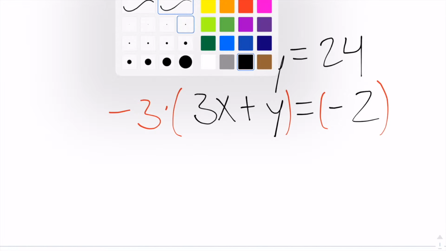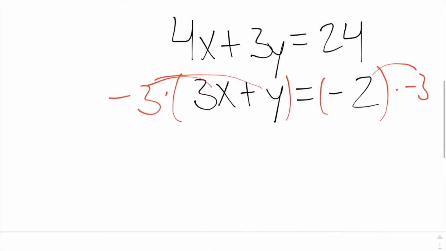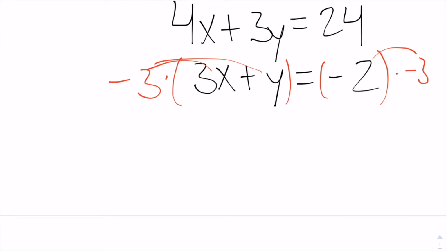Okay, so we're going to go ahead and distribute here, times -3. So -3 times 3x is -9x, and -3 times 1y is going to be -3y equals -2 times -3 is +6.